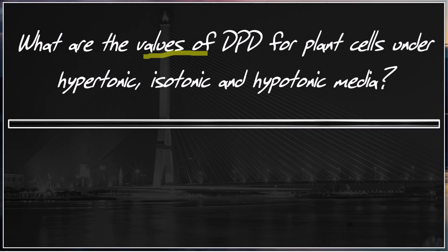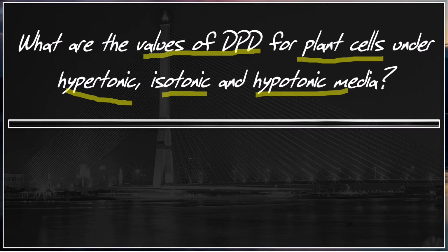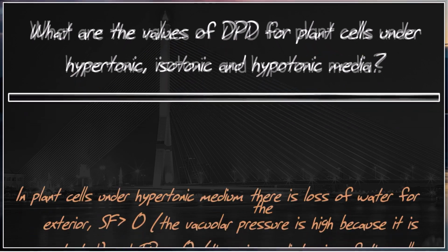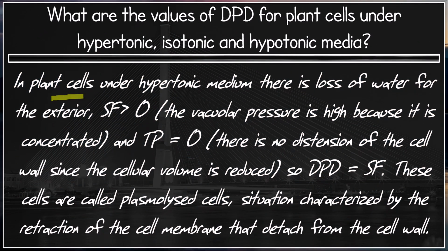What are the values of DPD for plant cells under hypertonic, isotonic, hypotonic medium? In plant cell under hypertonic medium, there is loss of water to the exterior, meaning that the suction force is greater than 0.